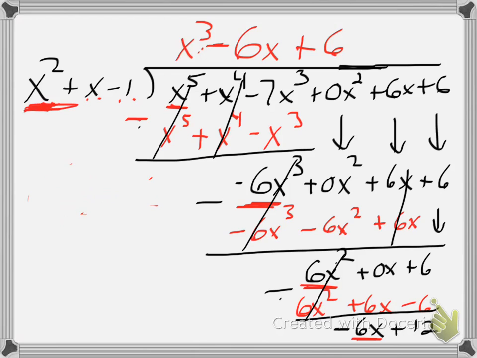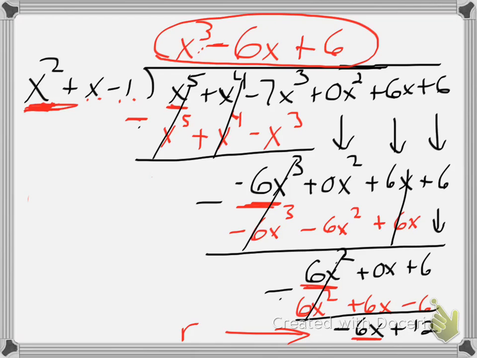Therefore, I know that my quotient for this problem is x to the third minus 6x plus 6, and my remainder is negative 6x plus 12.